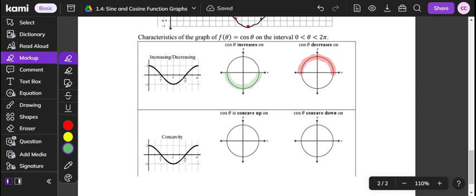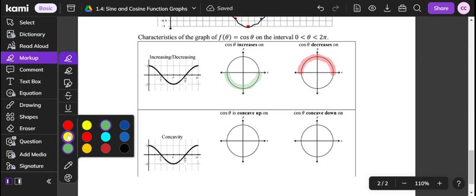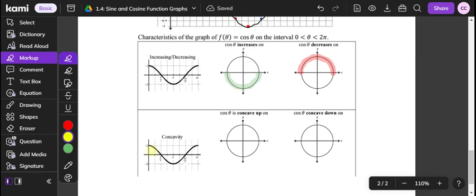All right, now concavity. Concavity is a little tricky because there's these weird half hills going on here. So be really careful. Even though you don't see the rest of the hill, this little part right here from x equals 0 to pi over 2, this is concave down. Okay, so we are concave down from 0 to pi over 2.